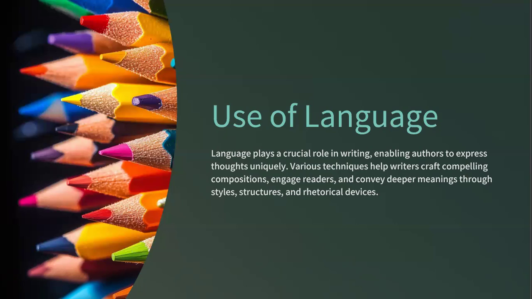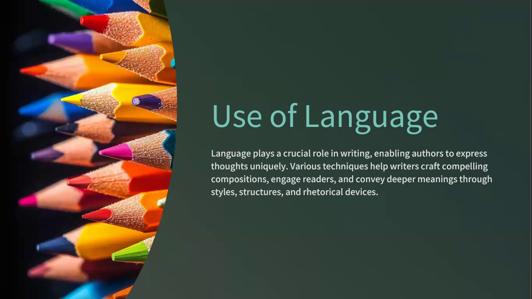This terminology involves how a writer or a speaker expresses thoughts, emotions, and information to suit their purpose, audience, and context. Use of language includes choice in vocabulary, tone, sentence structure, figurative language, and literary or rhetorical devices.